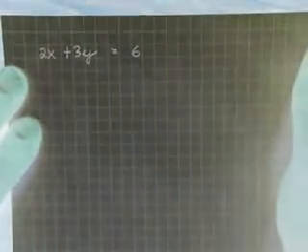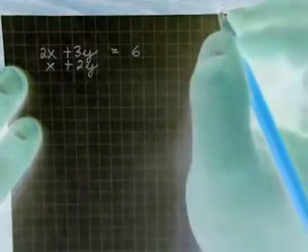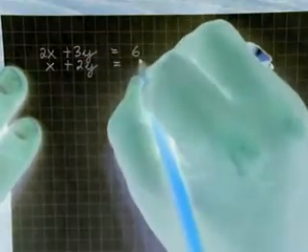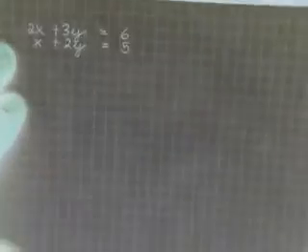And what that is, it will take problems like this one. Here we go. I could take 2x plus 3y equals 6, or x plus 2y equals 5.